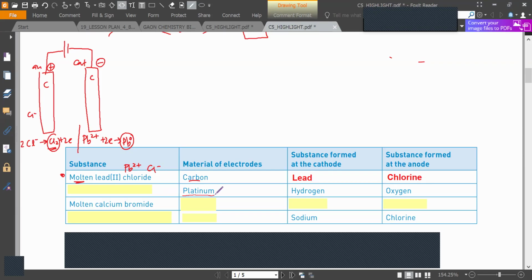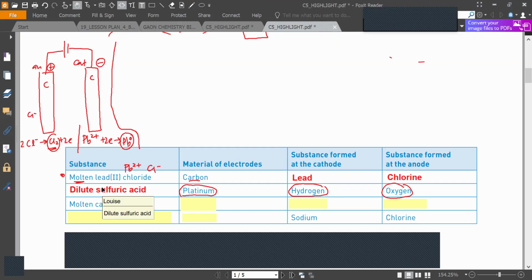Okay, second situation. If we have platinum electrode, hydrogen, and oxygen, this is always sulfuric acid. Actually it is electrolysis of water, but we put sulfuric acid.